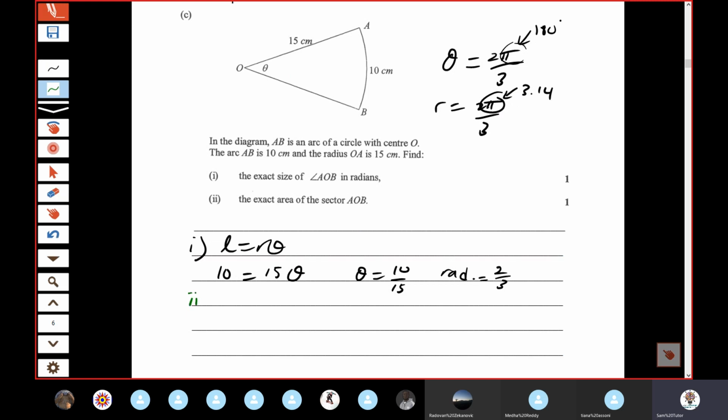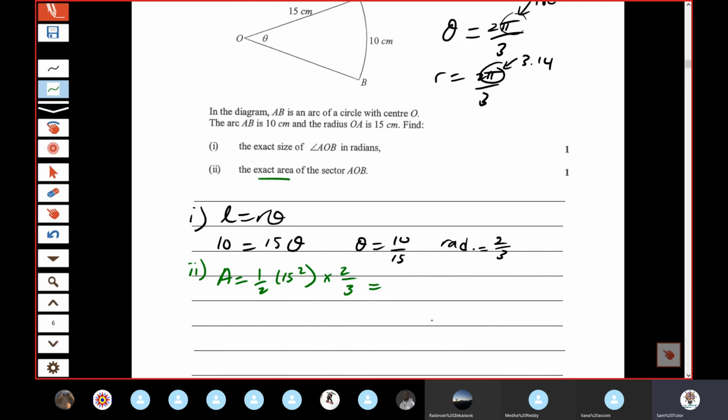Part (ii), find the exact area. Area equals half r squared, 15 squared, times theta. And it says find the exact area, so whatever that gives you in your calculator. 15 squared times 2 on 3 divided by 2 is 75 centimeters squared.